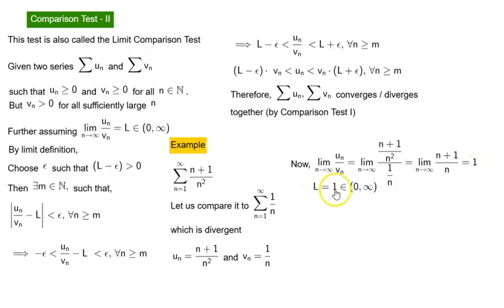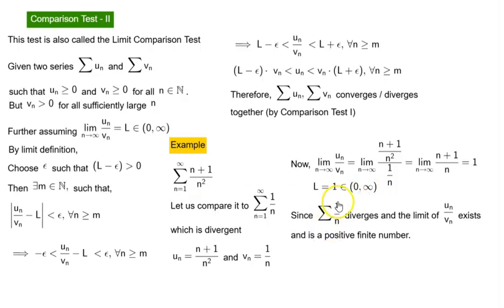So here L is equal to 1, which is a finite value. Since the series 1 by n diverges and the limit of the ratio u sub n by v sub n exists and is a positive finite number, by comparison test 2, we can say that the given series also diverges.